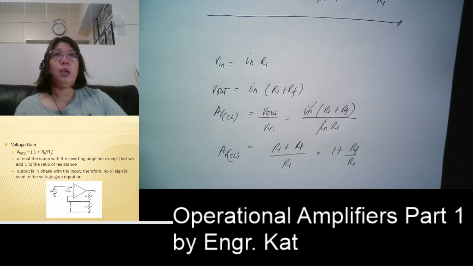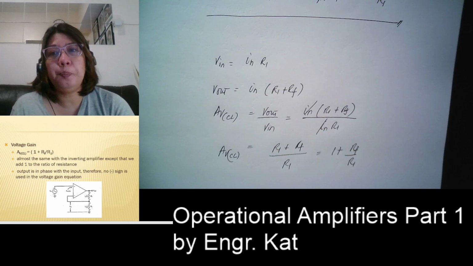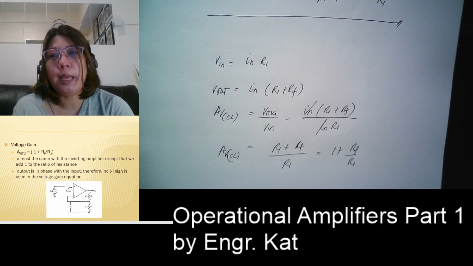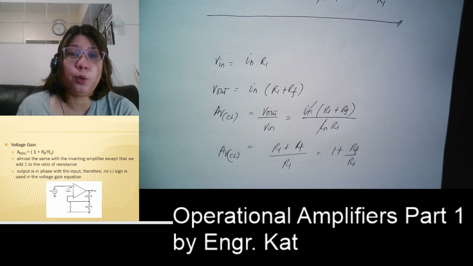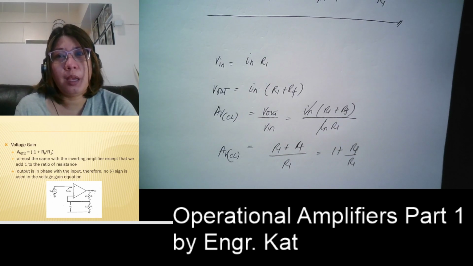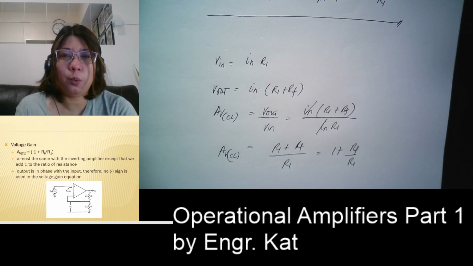Okay, so if we wanted, for example, a gain equivalent to 50, we're going to get a combination of RF all over R1 that will give us 49, because we still need to add 1 so that we can have a gain equivalent to 50.